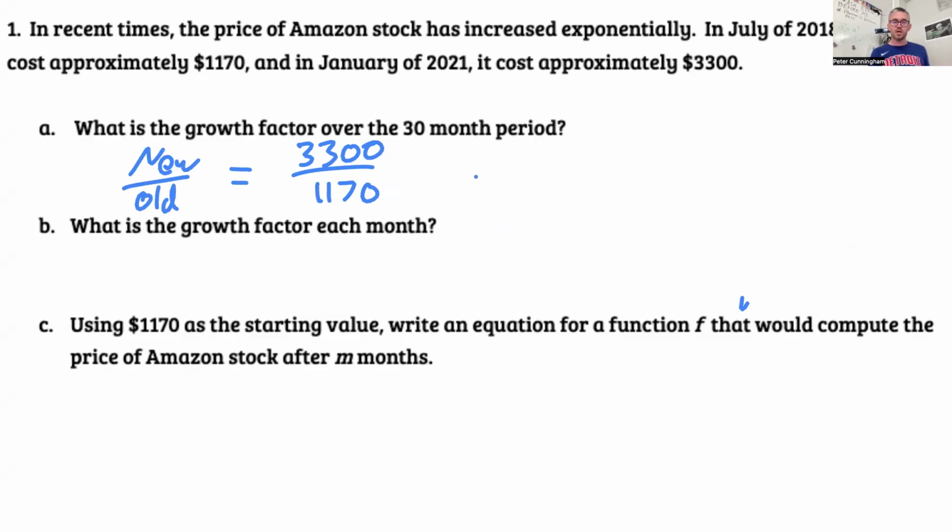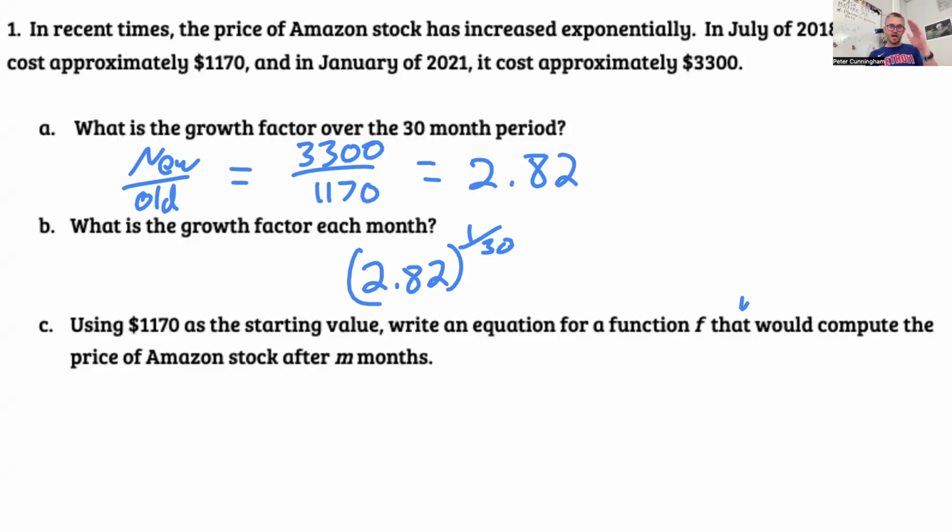So your new cost divided by the old gives us a growth factor of 2.82 over the 30-month period. Now, if you want to know what that growth is by each month, you just take that 2.82, or the fraction itself, and take it to the power of 1/30th, because we want one of those months out of the 30.